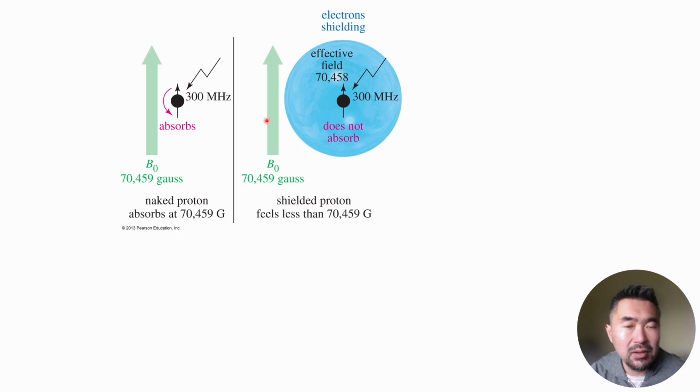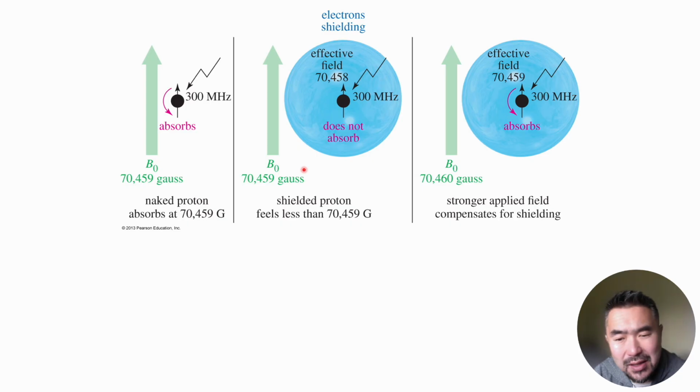Because there are electrons around that proton, and they can create their own magnetic field because they're a current that's spinning and moving, they can block the effect of the external magnetic field. The electron cloud could block that, so it doesn't absorb anymore at this field strength.